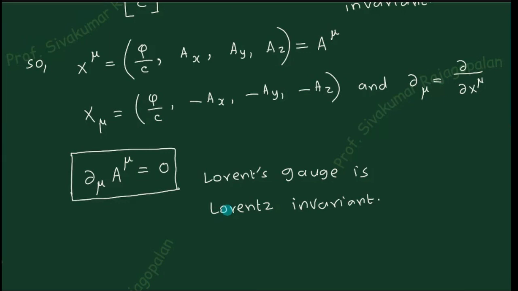That means the original gauge is maintained. So what is the advantage of this? As long as you guarantee that the Lorentz gauge is satisfied, the advantage is that the potentials will satisfy the wave equation.